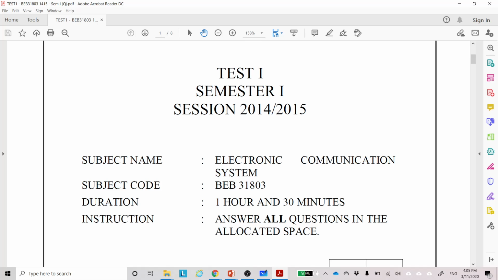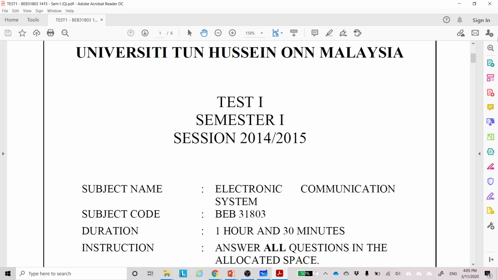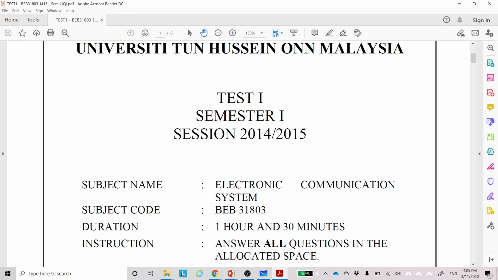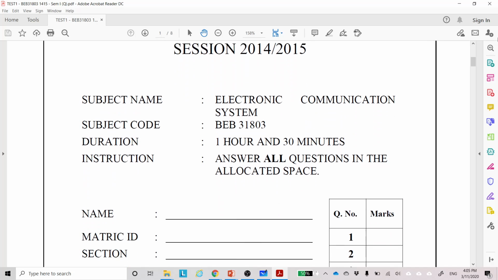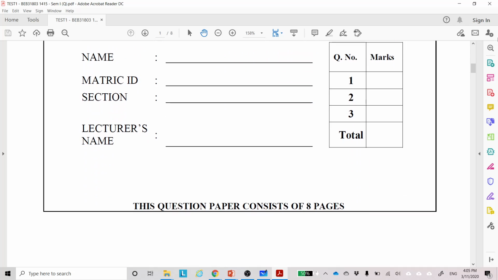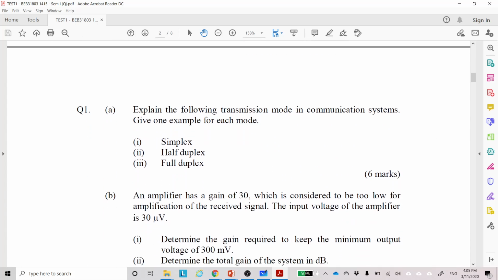Saya selalu menggunakan 2014-2015 sebagai garis panduan untuk pelajar. If you want to score in ECS, you should score in 2014-2015. Kalau you boleh score dengan baik, saya yakin semester ini terlalu mudah untuk kamu.